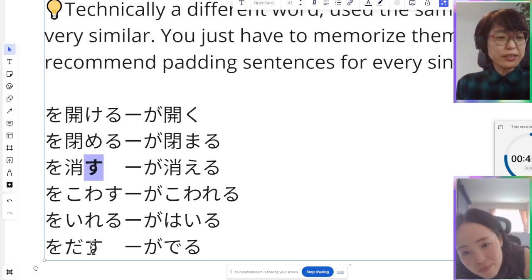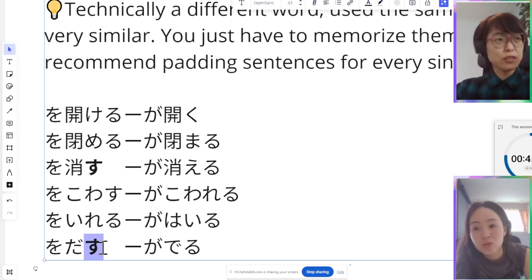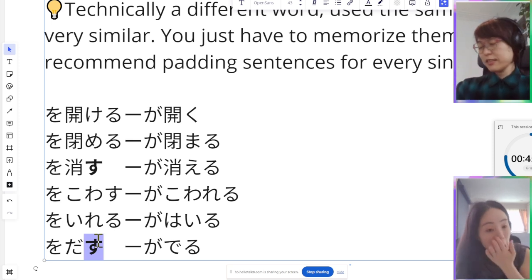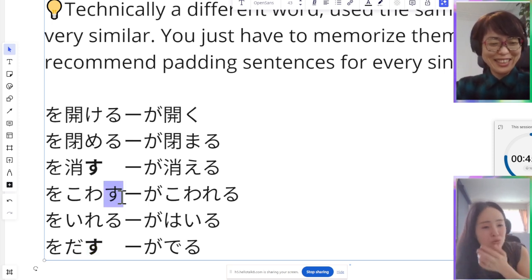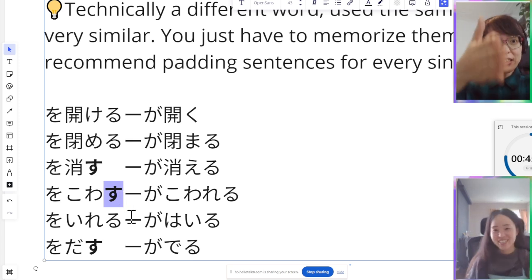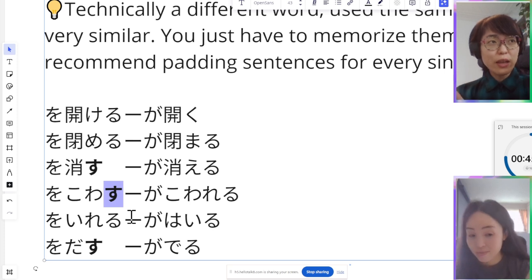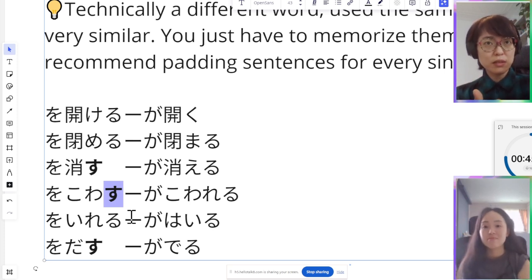If you see す, what does it mean? 消す、出す。す。You see here the list of verbs. You can find some tendency from this categorization. What appeared when the verb ends with す?